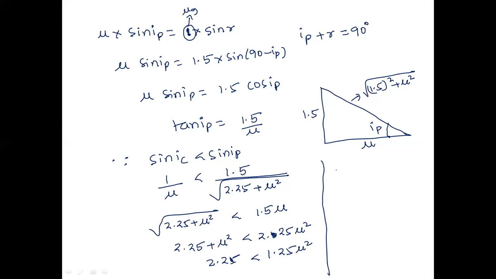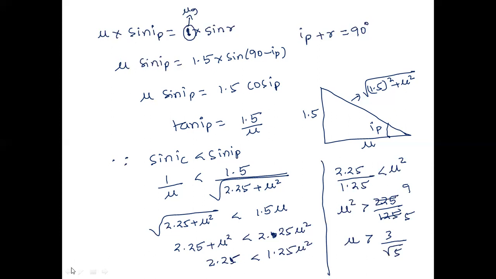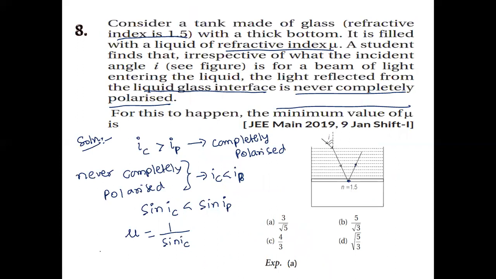So 2.25 by 1.25 is less than mu square. So mu square is greater than 225 by 125, that is 9 by 5. So mu must be greater than 3 by root 5.